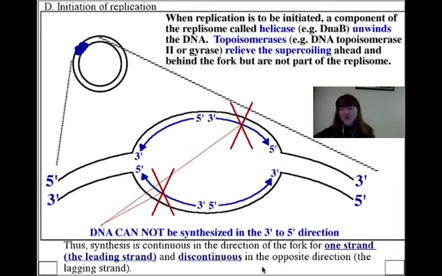I don't know who else likes to knit, but this is a lot like knitting, where if you're knitting with multiple colors, you have one color that you just keep in one hand and grab each time you knit. It's very continuous. The other one you keep in the other hand, and in order to get it integrated, you have to loop it back around with your other hand. So you go like this and loop it back around, and then you knit continuously with one color, and then you loop the other one around.